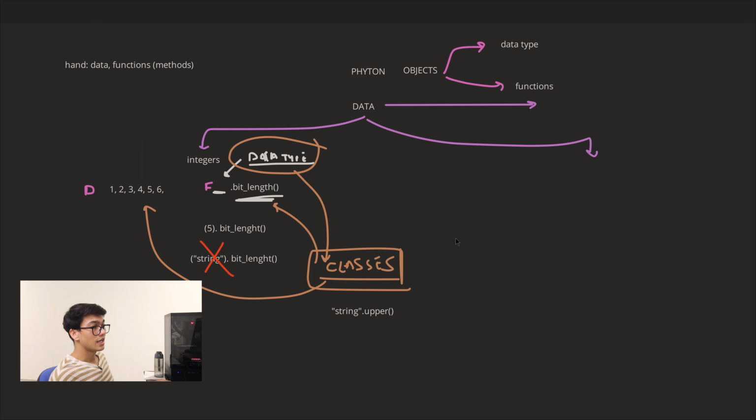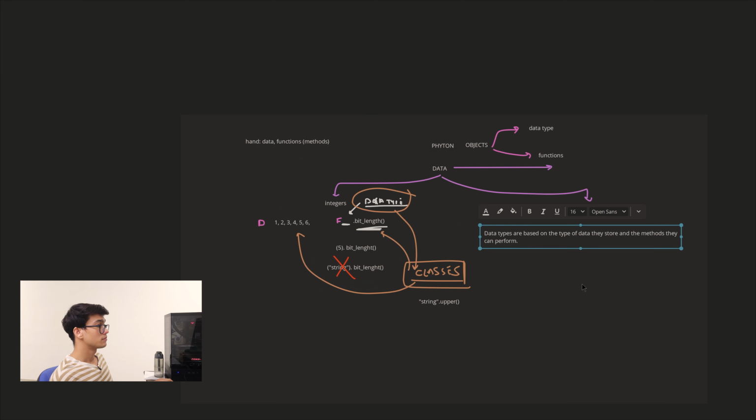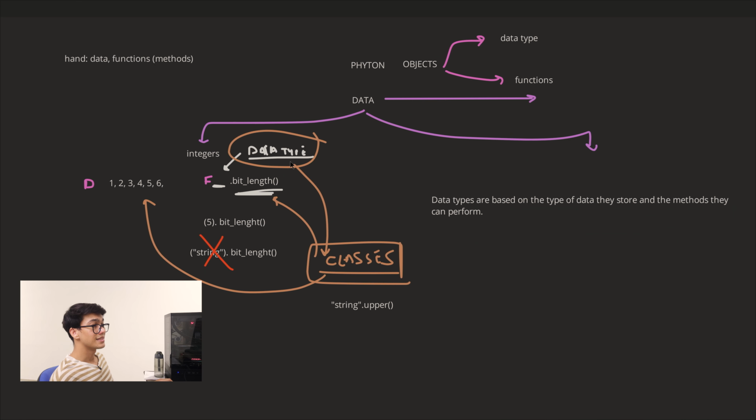So I will just create a note: data types are based on the type of data they store and the functions, I will say methods, they can perform, right? And functions, if performed by the same data type, we call them methods.